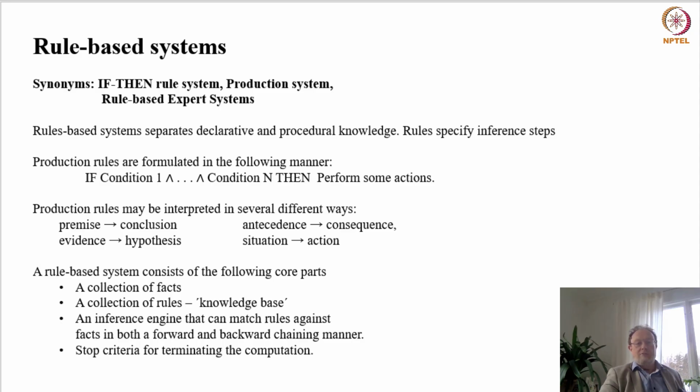Some rules become relevant because the condition part is satisfied. So then these rules fire. And there is an inference engine that handles this matching process of which rules apply in a certain step and carrying out the relevant actions.